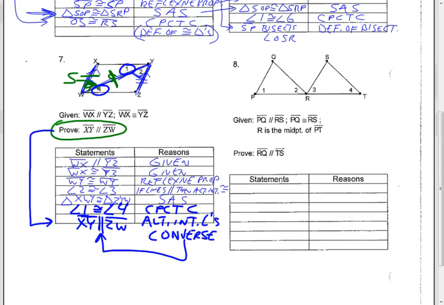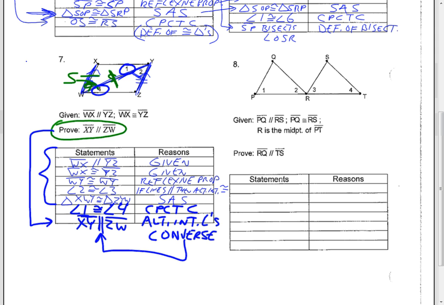Anytime you're proving that, it's got to be one of those converse titles. If you think of the main idea of the chapter as proving triangles congruent, that'll help you get through the first chunk. If that's what we're proving, you're done. If it goes beyond that, you know that the first line after that is probably going to be a CPCTC line.